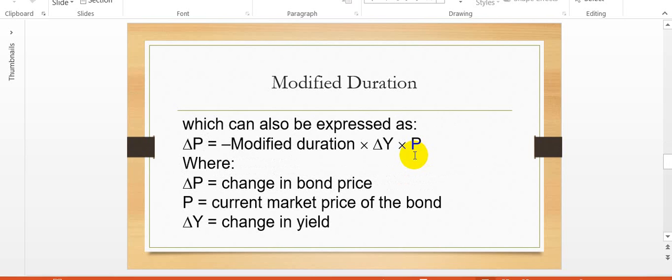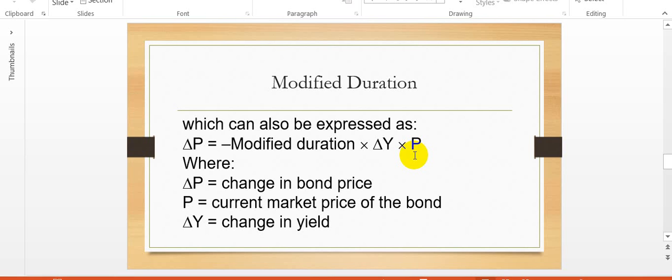We can rewrite this by making the change in price the subject of the formula. Then the formula becomes change in price equals minus modified duration times change in yield times price, where those variables are as follows.